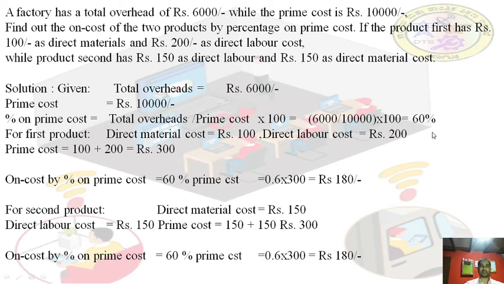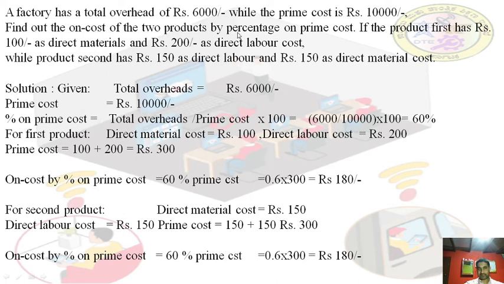So the percentage on prime cost of overhead becomes 60%. So for these two products, you need to calculate first the prime cost, and the on cost is automatically obtained by multiplying it by 60%, because we have calculated the percentage on prime cost method. The method is mentioned here, so you should not confuse why sir has calculated directly this method.